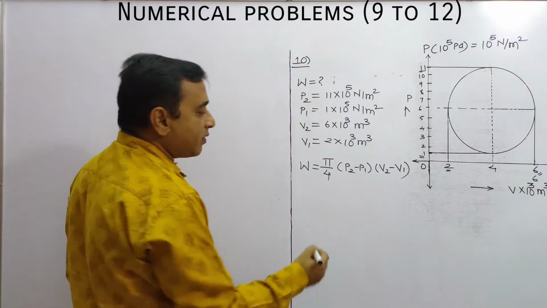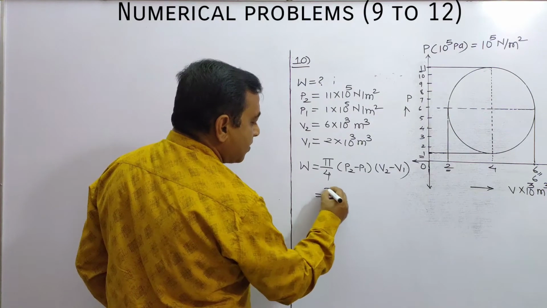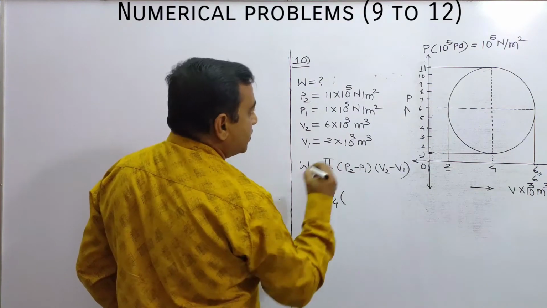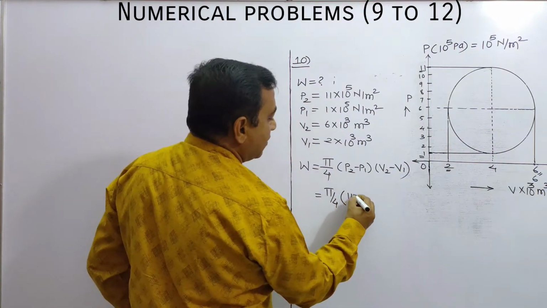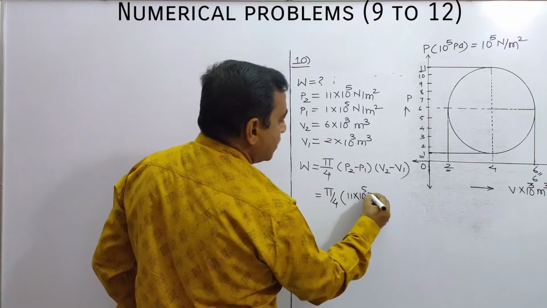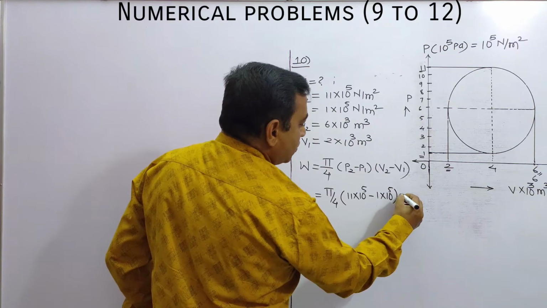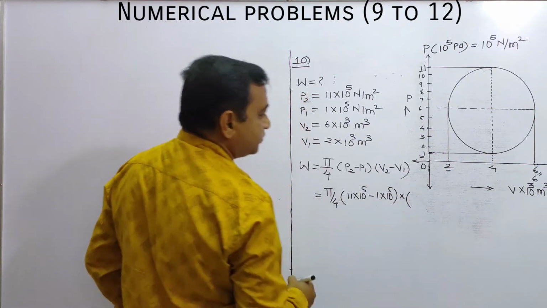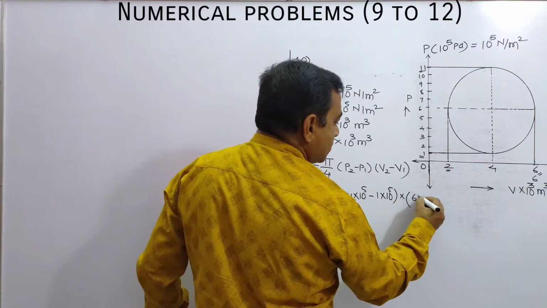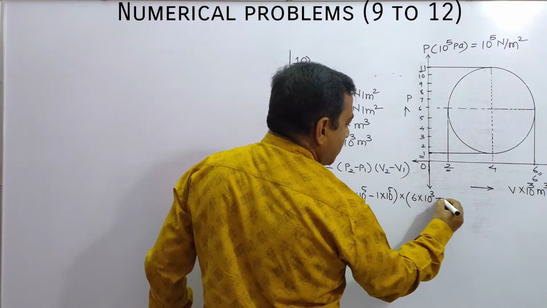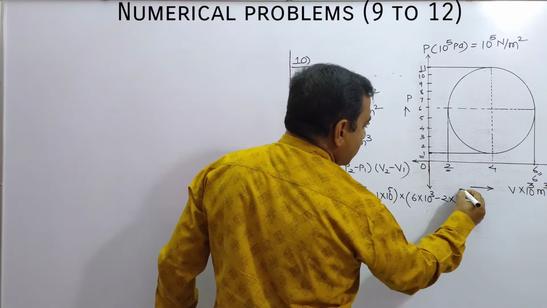Now substitute all the values. Here it is pi by 4 into 11 into 10 raised to power 5 minus 1 into 10 raised to power 5, into 6 into 10 raised to power 3 minus 2 into 10 raised to power 3.